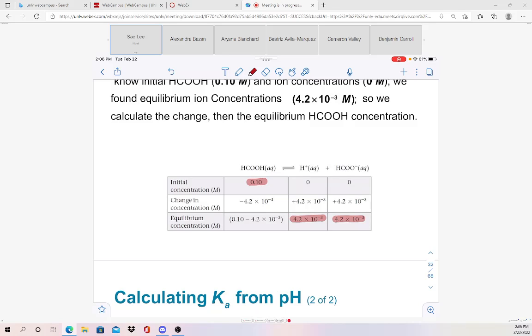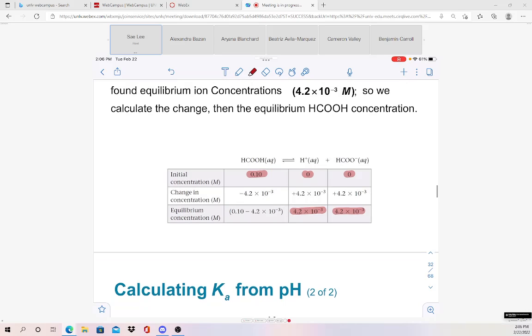We're going to fill in the blanks for the rest. We also know that the concentration of the product is 0 initially because we don't have product in the beginning. So the initial concentration of reactant is 0.10 molar, and the initial concentrations of product are 0 and 0. Since we know the equilibrium concentration, we can do the math to find the change in concentration.